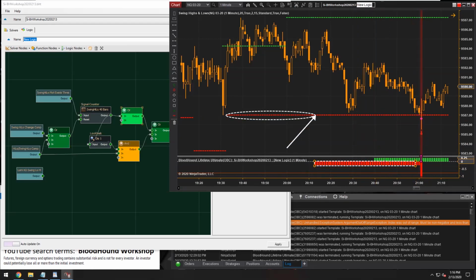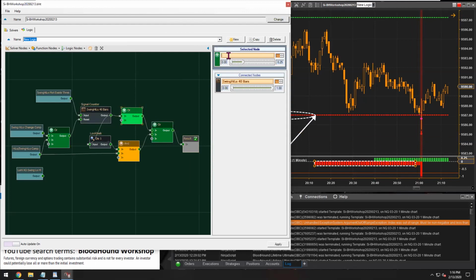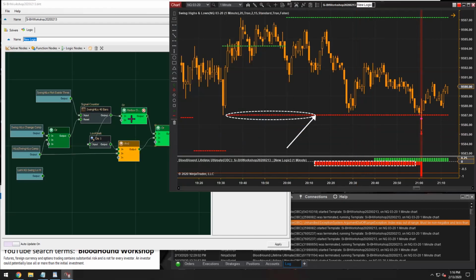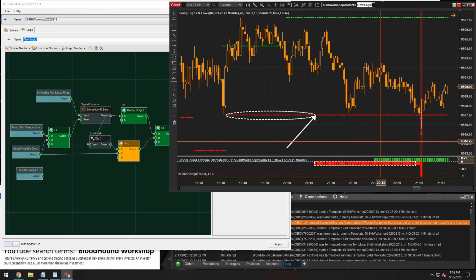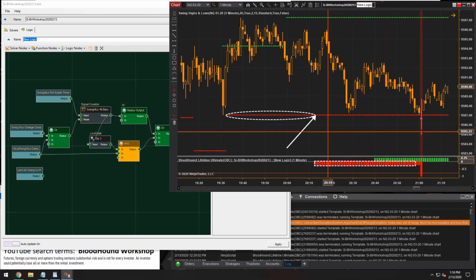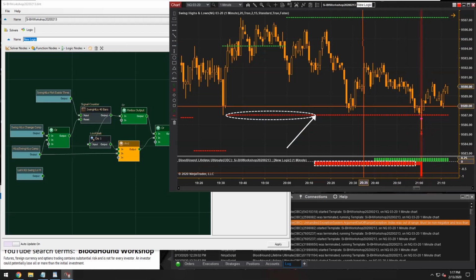And when we actually get a break, we get a full signal. So using this two OR node trick, we can see if a swing high or low has existed for 40 bars, and also identify the break if it gets broken.